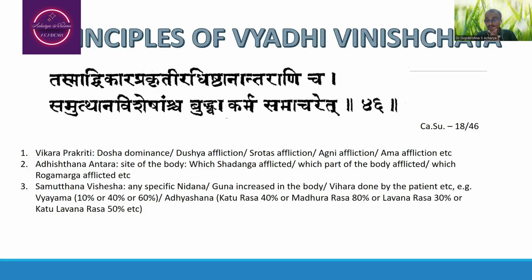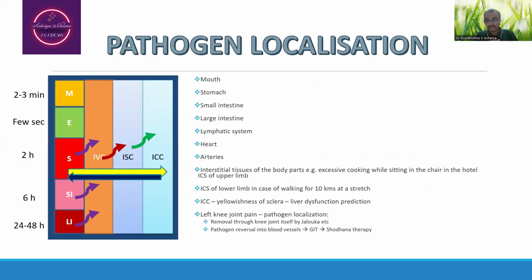Suppose the person is consuming lavana rasa up to, for example, 30%, madhura rasa up to 20%, and katu rasa up to 50%, then we may have an increase of pitta dosha more, then a possibility of increase of vata dosha, then a possibility of increase of kapha dosha. So like that, we are going to predict the Samutthana Vishesha in the person. So this is about the Ayurvedic interpretation.